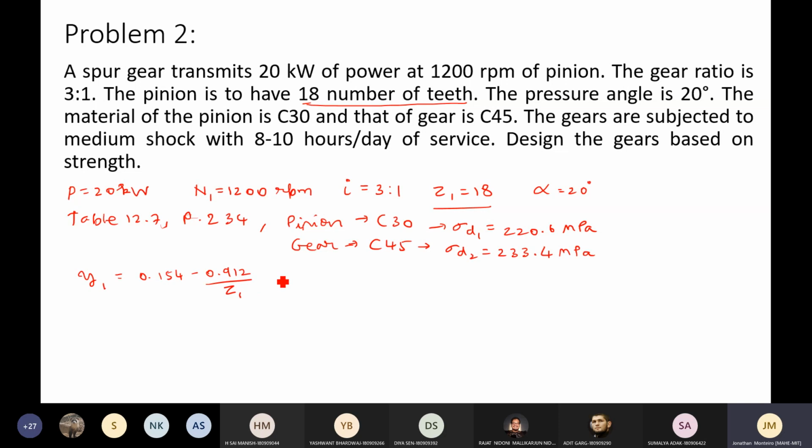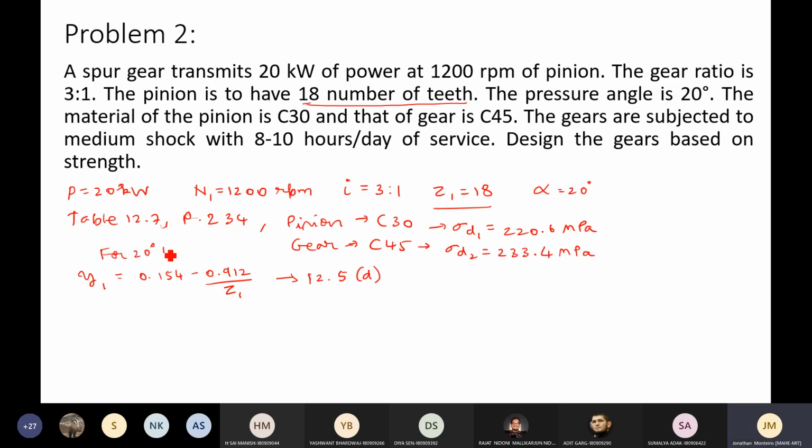This is according to the equation we discussed for form factor, and this particular equation takes care of 20-degree involute. This is equation 12.5D. Be careful what you are choosing, because this is for 20-degree involute.